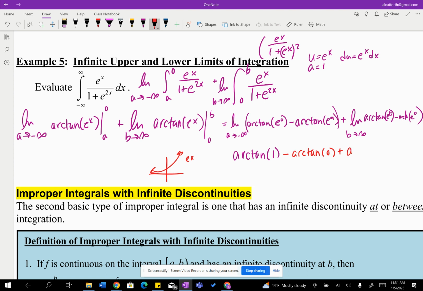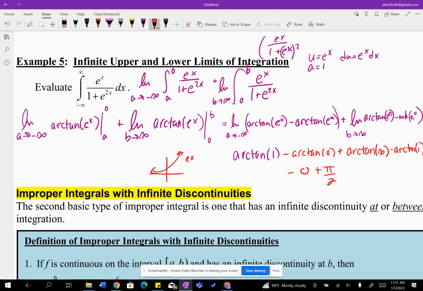So this will be arctangent of infinity, minus arctangent of 1. We talked about what arctangent of 0 was earlier. That was 0. We talked about what arctangent as we approach infinity is, right? That was pi over 2.